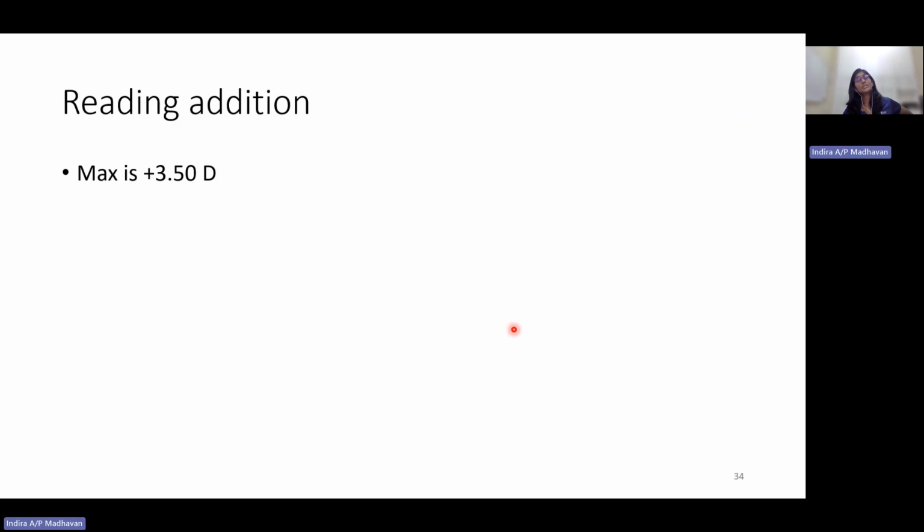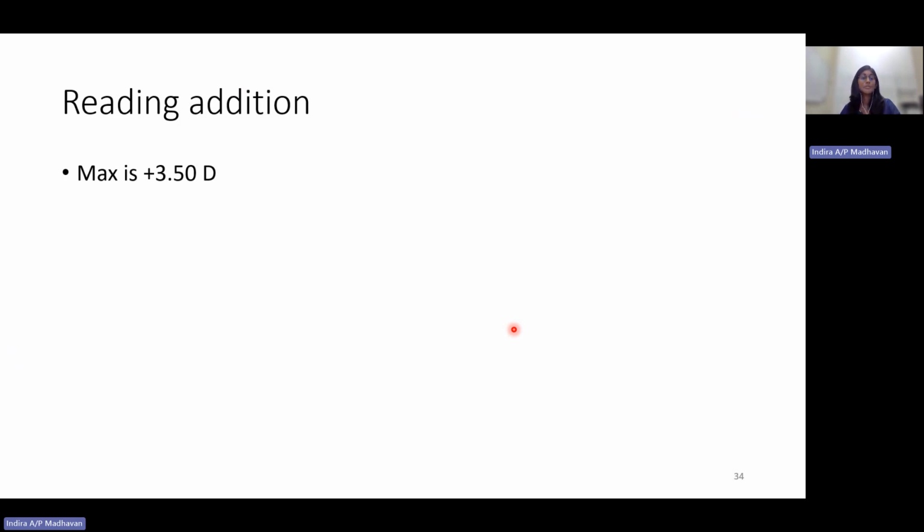So how do we do this reading addition? It is simple. Just put a +1, ask the patient which one is better, with or without. If the patient says +1 is good, then you move higher until the patient reverses. Once the patient has reversed, then you stop. That is the reading addition of the patient. It is trial and error.